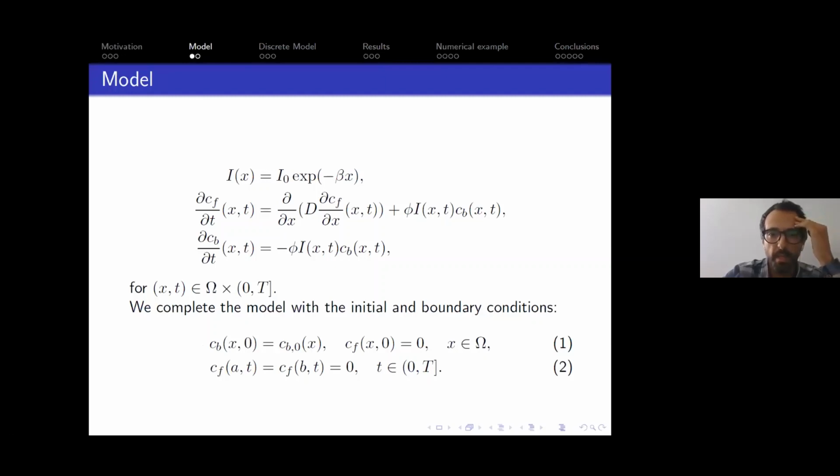We have I of x. I wrote here the dependence on time also, but no, we are considering that it does not depend on time. Okay, you only depend on x. Because the analysis is quite different, but okay. Yes, it was my mistake to put the time dependence.